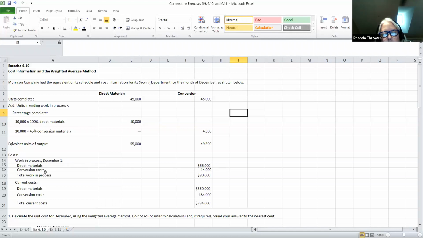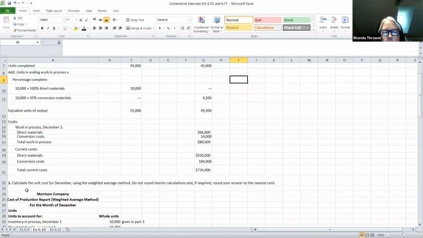The beginning work in process conversion amount was 14,000. In other words, the beginning inventory costs were 80,000, which is your 66,000 plus the $14,000. Your current costs for this period were given. The direct materials current cost was 550,000. The conversion current period cost was 184,000, and your total current cost are 734,000. These two combined are your total current cost.